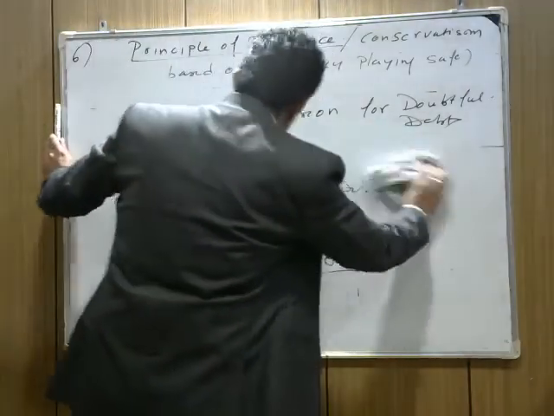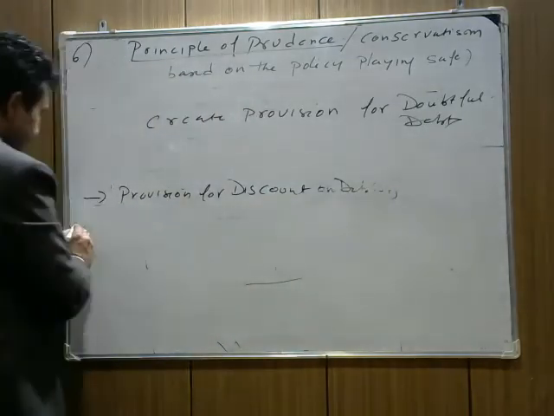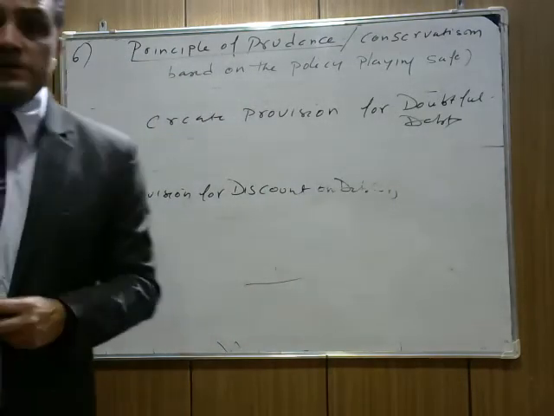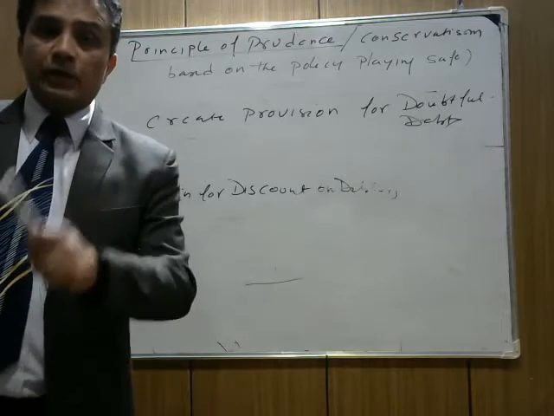Similarly, closing stock is valued at cost or market price, whichever is less. Now, the third point is the important one. These are anticipated losses: creation of provision for doubtful debt, creation of provision for discount on debtors.